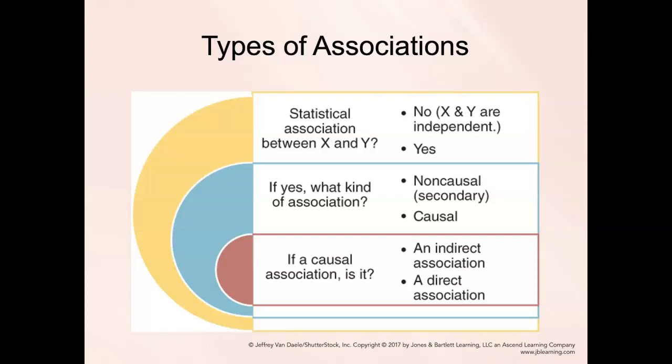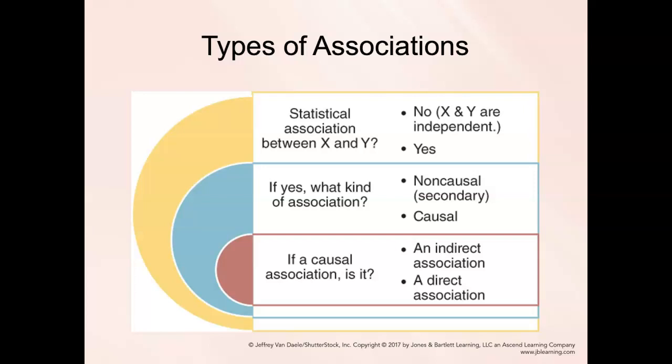But if you do observe an association, if you look at that center row, it says yes. If yes, what kind of association? If you're observing a statistical association between two variables, it's possible that it's a non-causal association, or it's possible that it is a causal association. And if there's a causal association, it's possible that it's an indirect association or it could be a direct association.